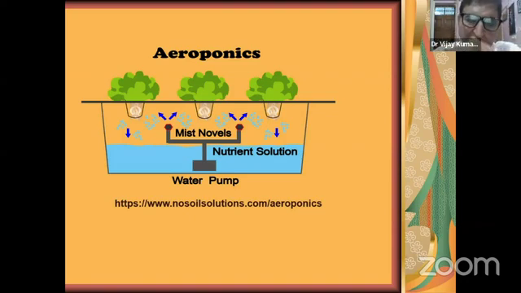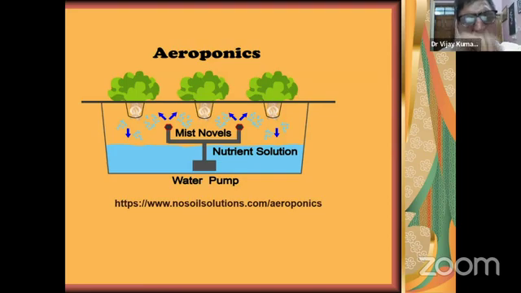Aeroponics: here we are spraying the nutrient onto the roots, where the plants are in a closed compartment, and we are supplying the nutrient in the form of mist. So this is a very new technique also.